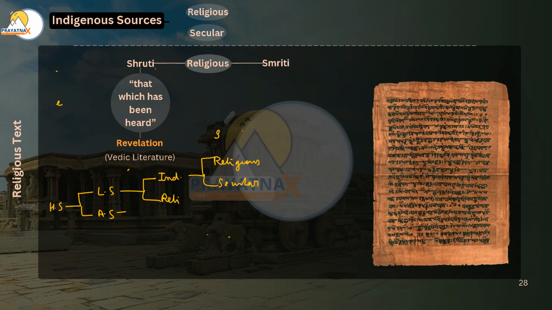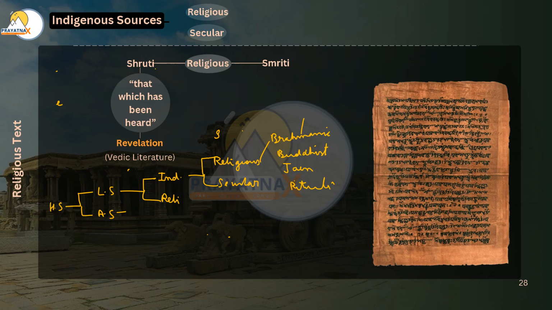Now, religious sources themselves are divided into Brahmanic text, Buddhist text, Jain text, and other ritualistic text.